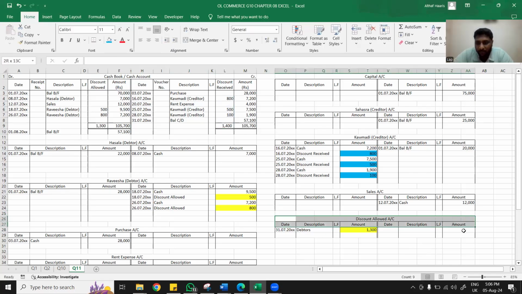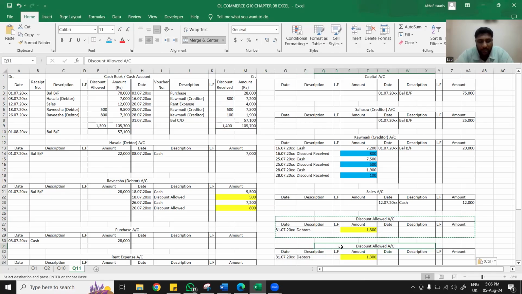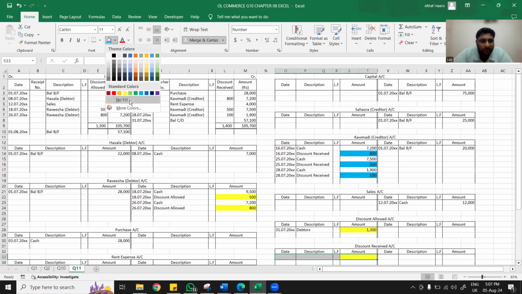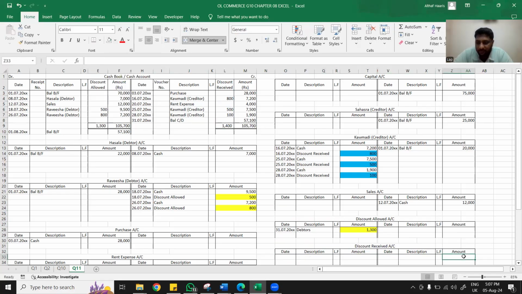So let's write it now. Discount received. It's an income account. 1,400, creditors. All the creditors.